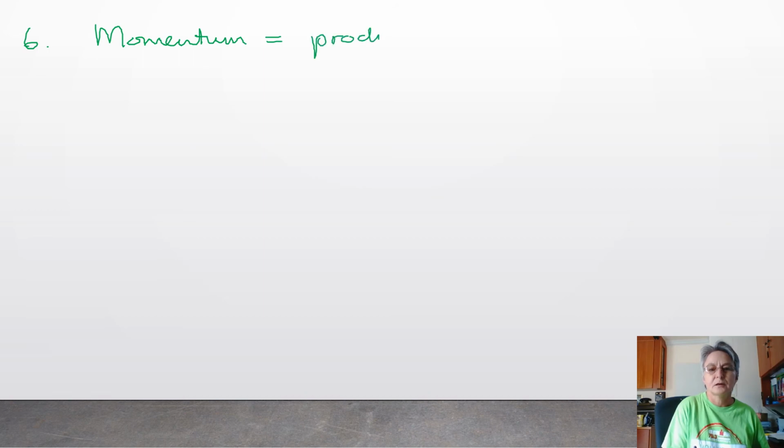The next one is momentum. Example 6 is momentum. Now momentum is the product of mass and velocity.